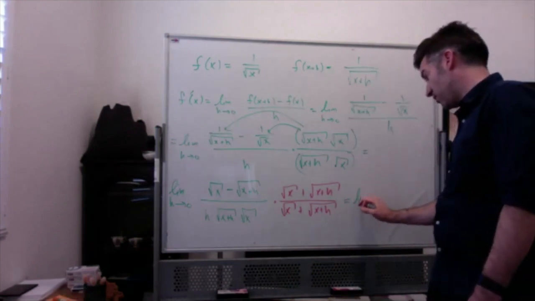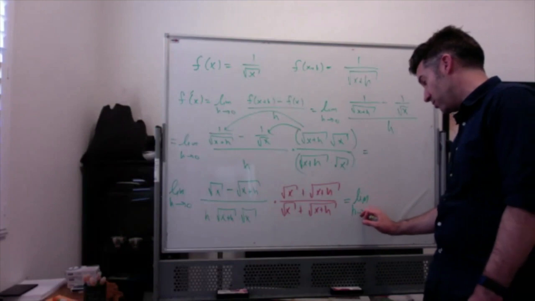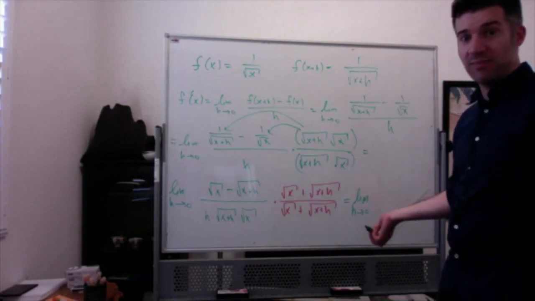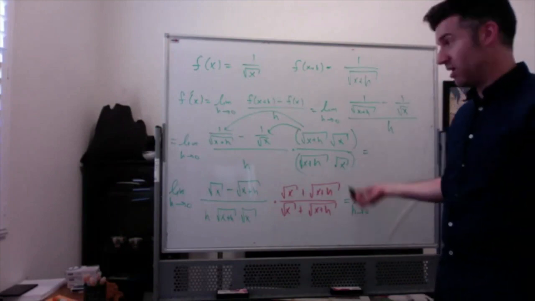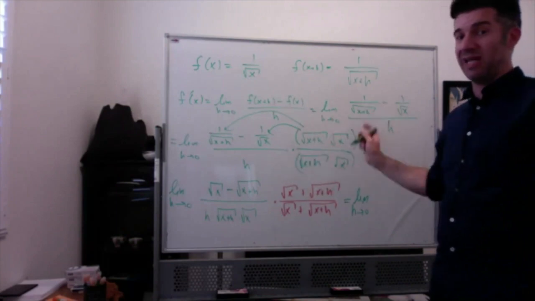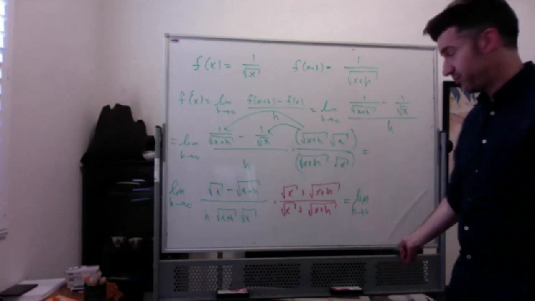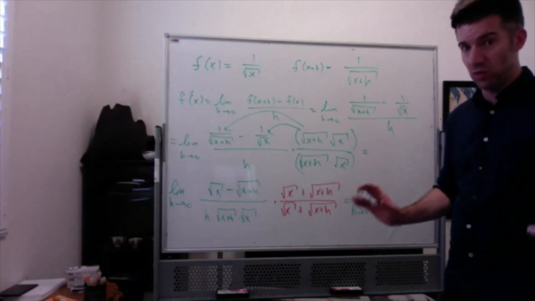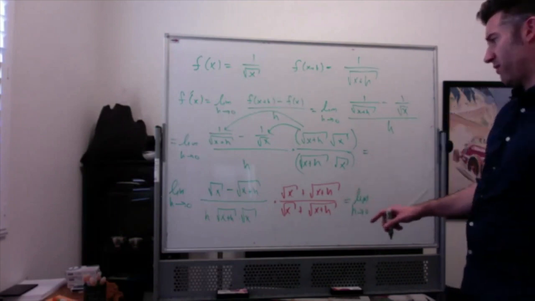So now, multiply by the conjugate. I'm still writing the limit every step until I actually get rid of the h's, right? If you still have h's, you still need to be writing the limit as h goes to 0. Once you don't have the h's, then you should no longer have it. Let's see.